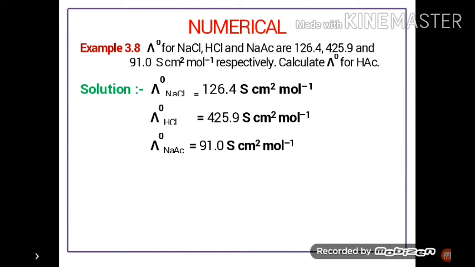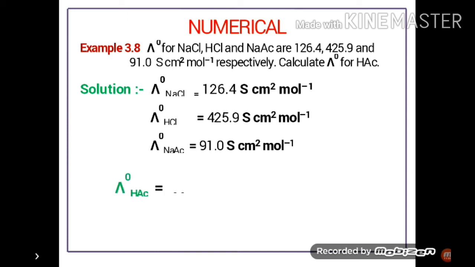The H in HAc, where is H? H is in HCl. Where is Ac? Ac is in NaAc. So we will add the values of HCl and NaAc, and from that value we will subtract the value of NaCl. So what will be the equation? HCl plus NaAc minus NaCl.